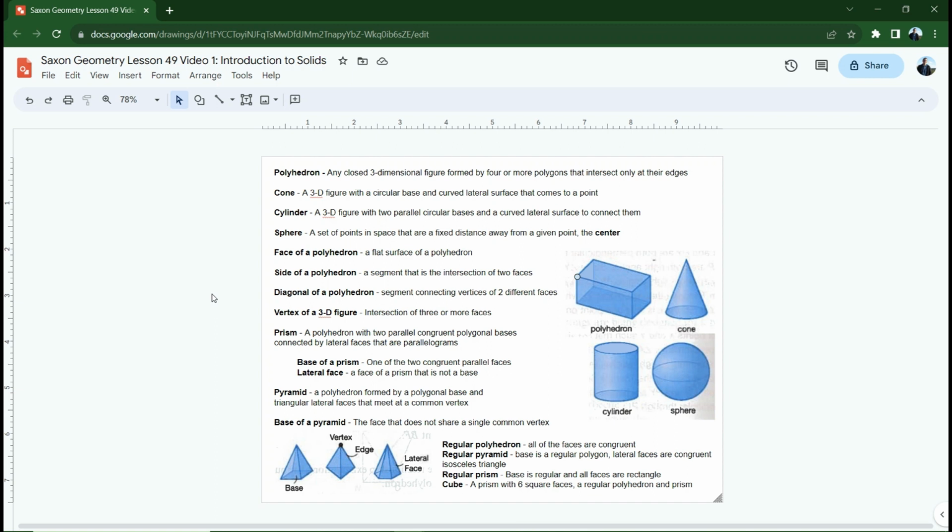Now let's think about this for a second. Because the faces of a pyramid have to be triangles, and the base can be any polygon, in order for a pyramid to be regular and all of the faces, including the base, are congruent, the base would have to be a triangle.